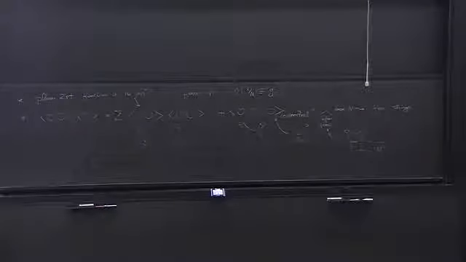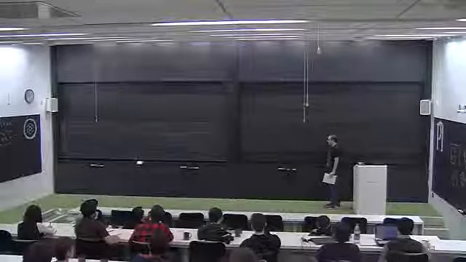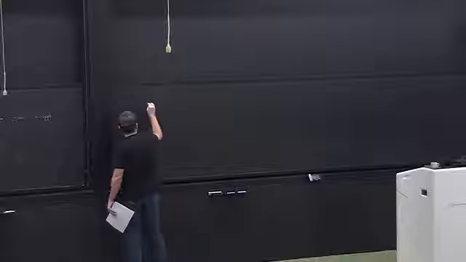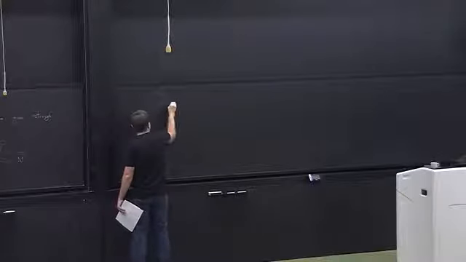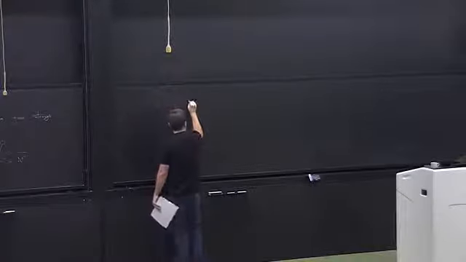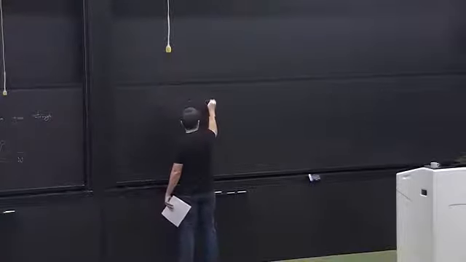Intuitively, how would we describe this? We see that an operator O, defined as the trace of phi to the j, describes a single closed string.